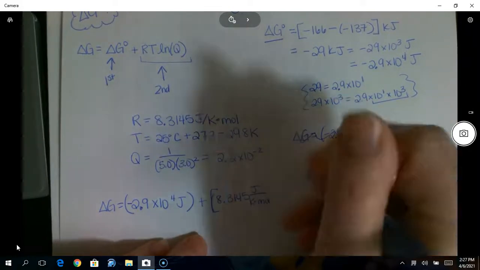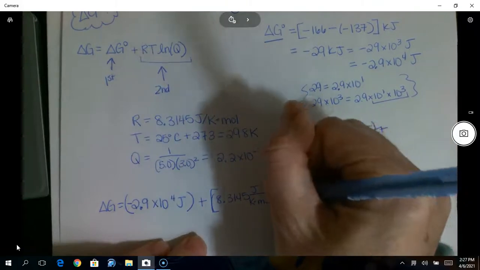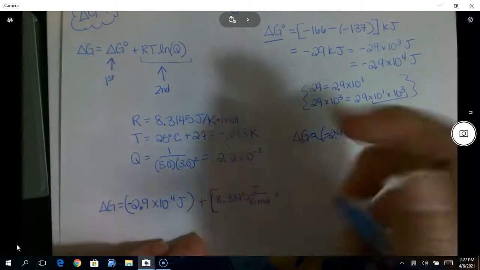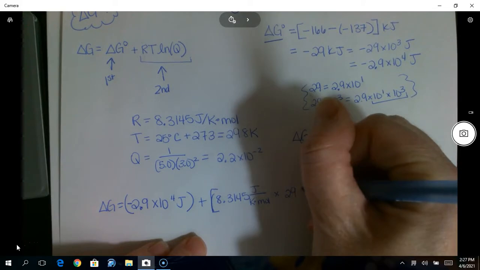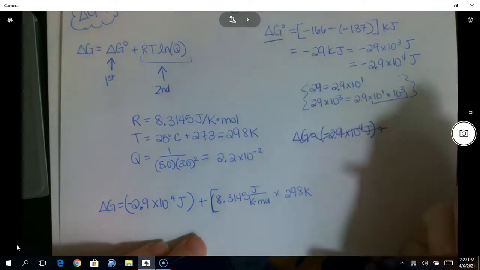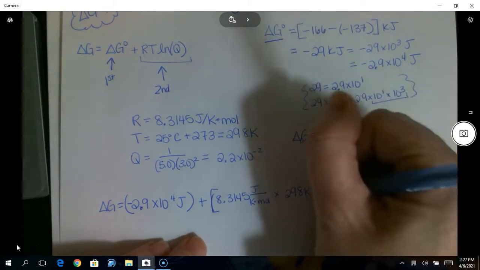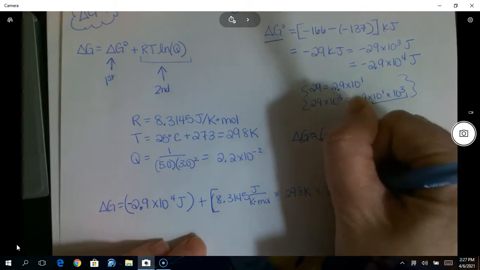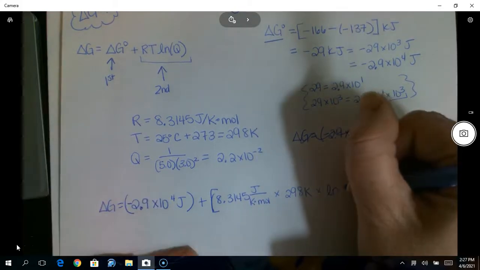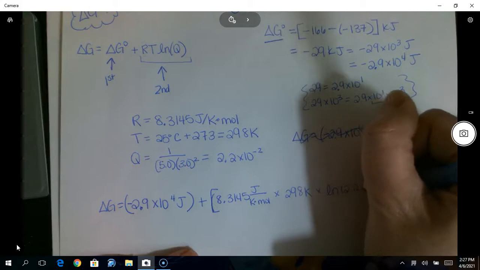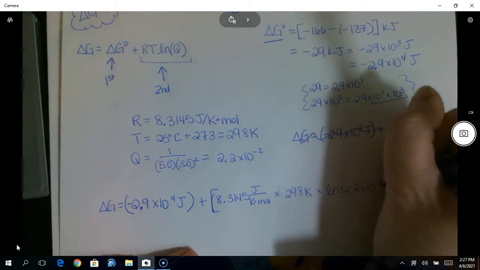And then that is times our temperature, which is 298 kelvins, times the natural log of Q, which is 2.2 times 10 to the negative second.